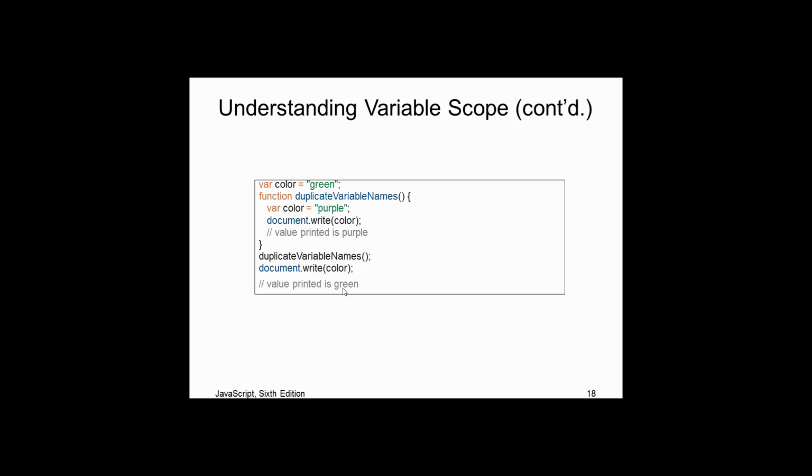That's if you have variables by the same name. If you can avoid having global variables and local variables by the same name, that's probably the better preference. It's a little bit more clear in a lot of cases. However, what we have here is two variables by the same name, and so one has to override the other in each situation. When you're in the function, it's going to use the local variable. When you're out of the function, it uses the global.